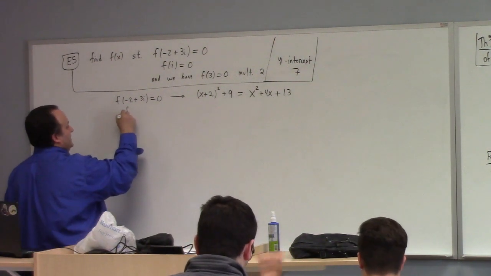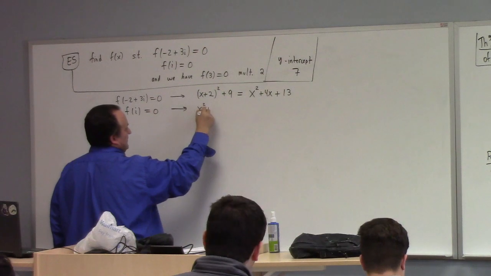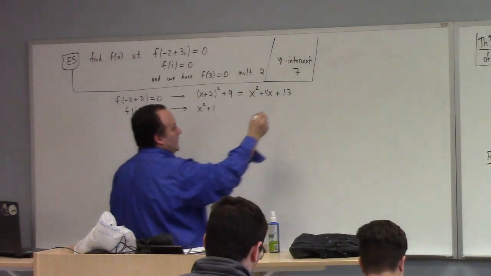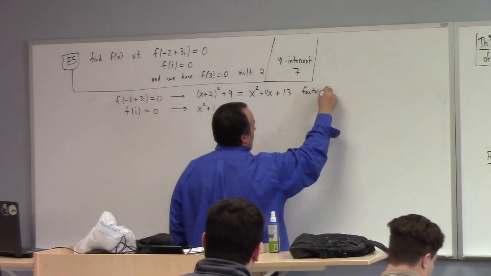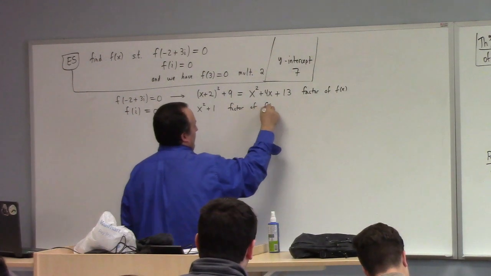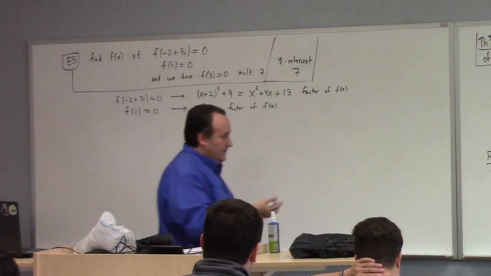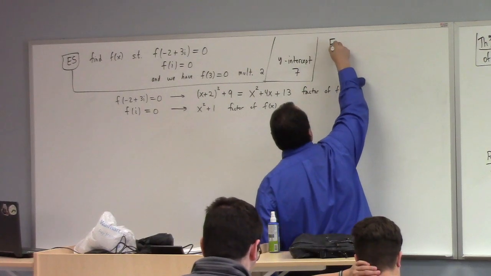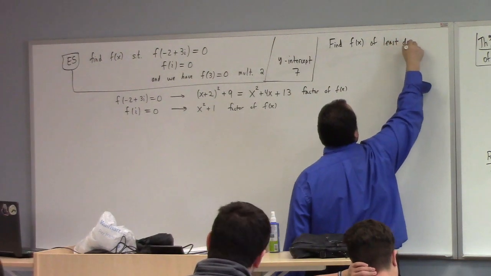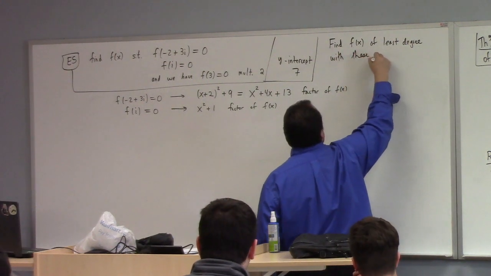Now, f of i, well, that's easier. f of i equals 0. That means that I've got x squared plus 1 as a factor. I don't think I completed my thought here. My thought was: find f of x of least degree with these properties.